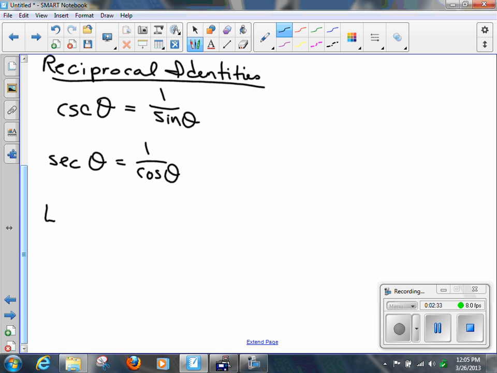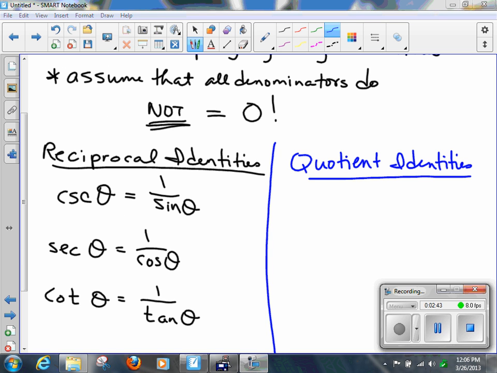And then cotangent, which is 1 over tangent theta, right? What's another way that I can write tangent of theta? What divided by what is tangent? That sine divided by cosine.